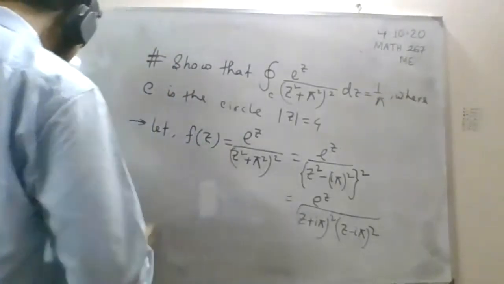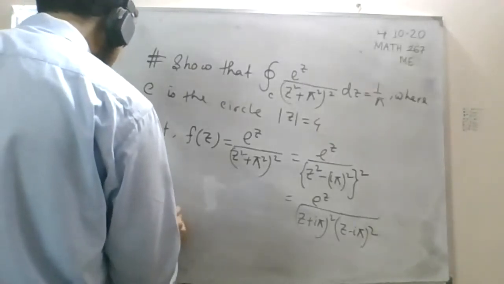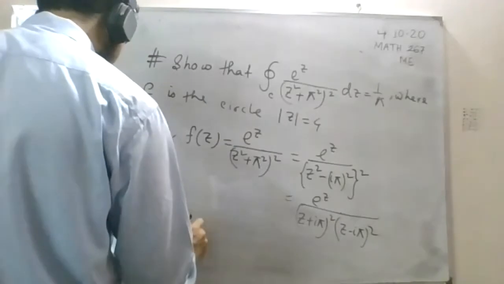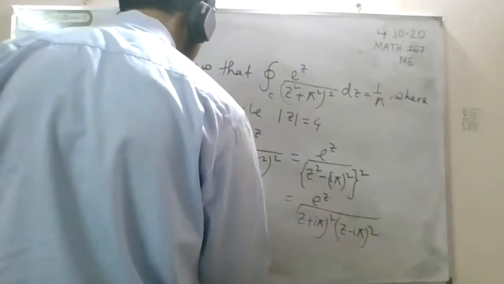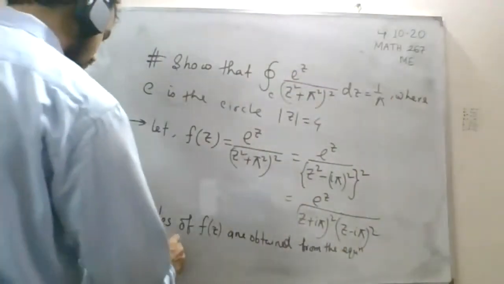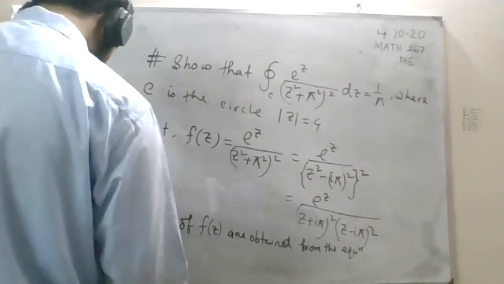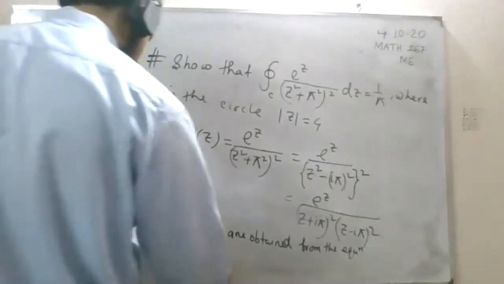Okay, so here you can say poles from the equation z square plus pi square equals 0.